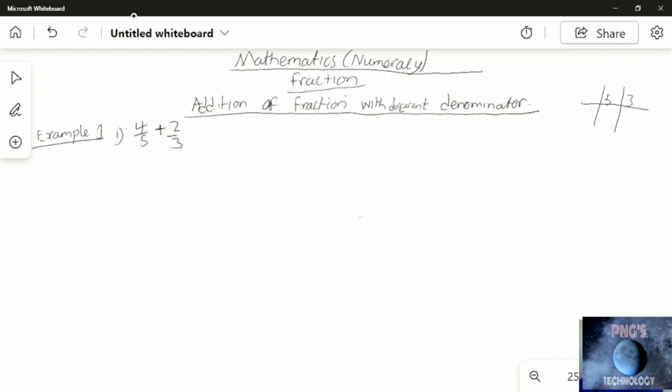The least prime number we can start with is 2, but 2 will not divide these numbers completely. It will have a remainder, so we're not going to use 2. Let's move to the next prime number, which is 3. 3 exists here, so we can use 3. But 3 in 5 is not possible because it will have a remainder.